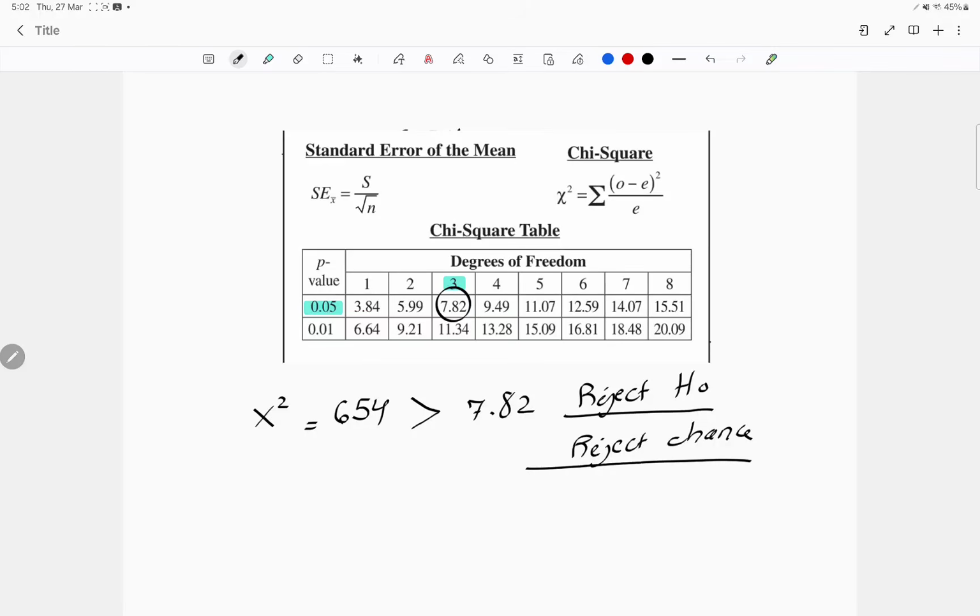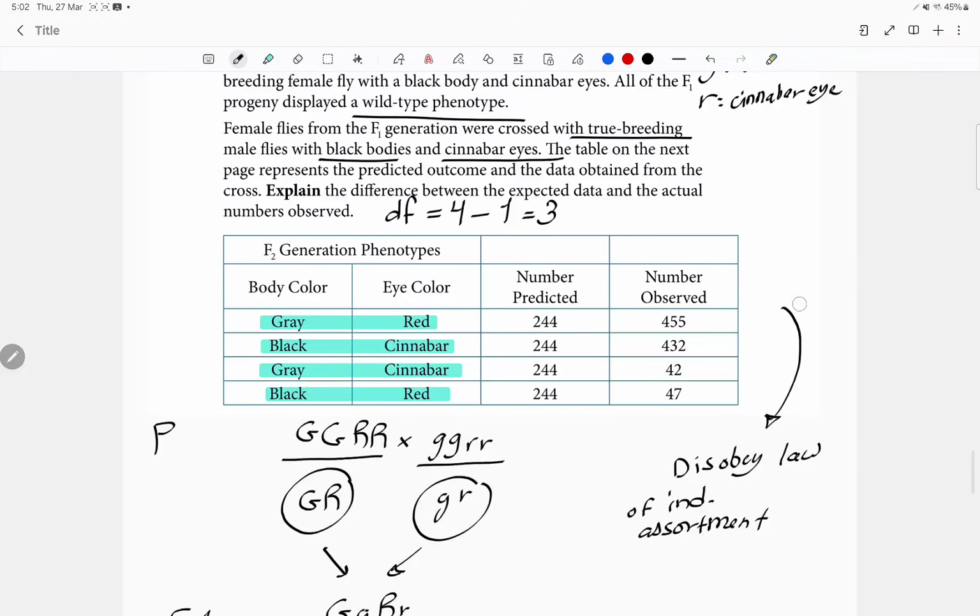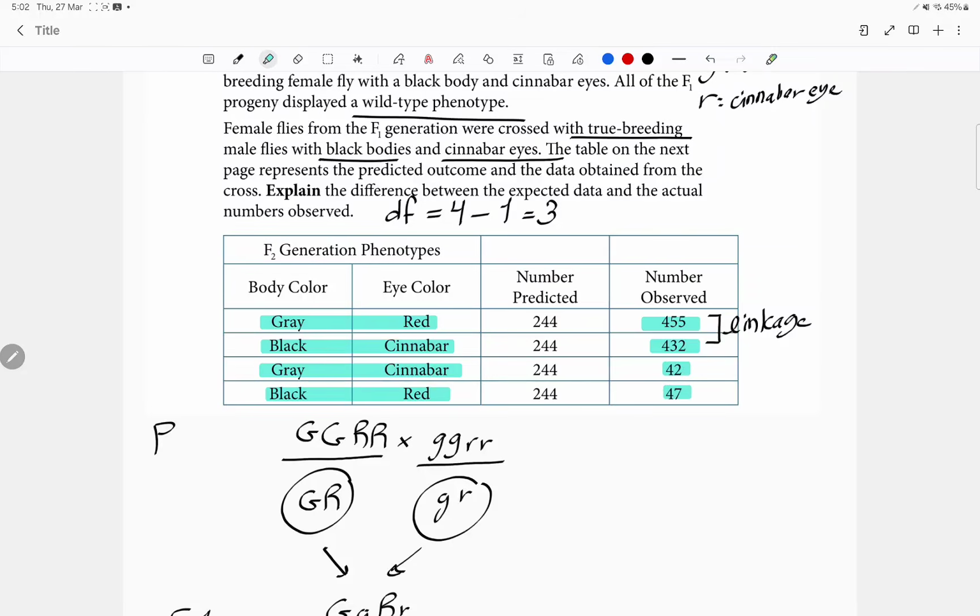Now, let's explain those results. The 2 super high values are caused by linkage. And the 2 very small values are caused by crossing over. Okay?